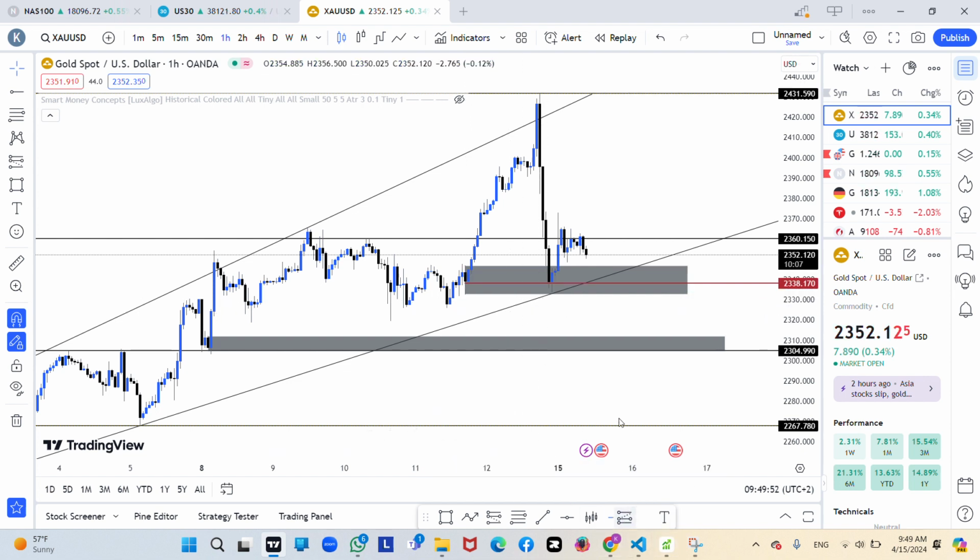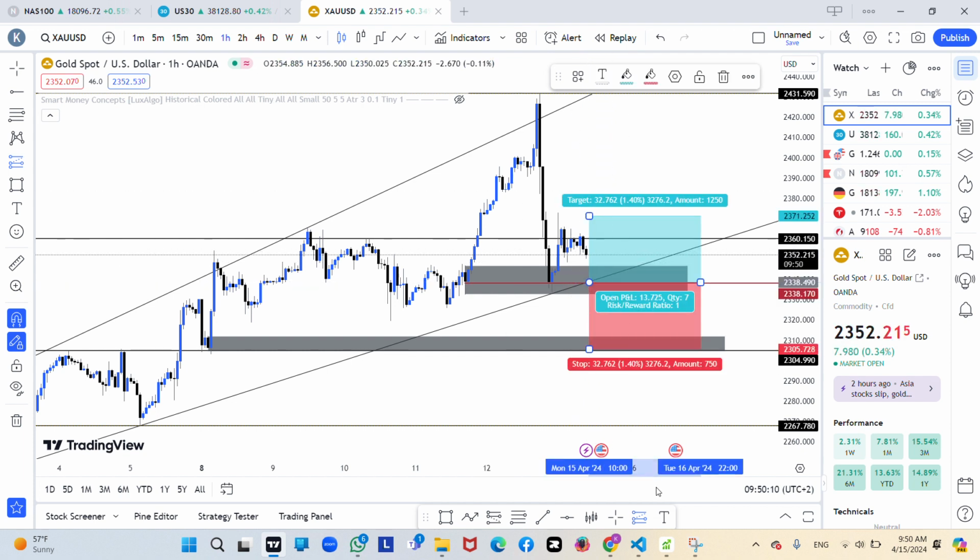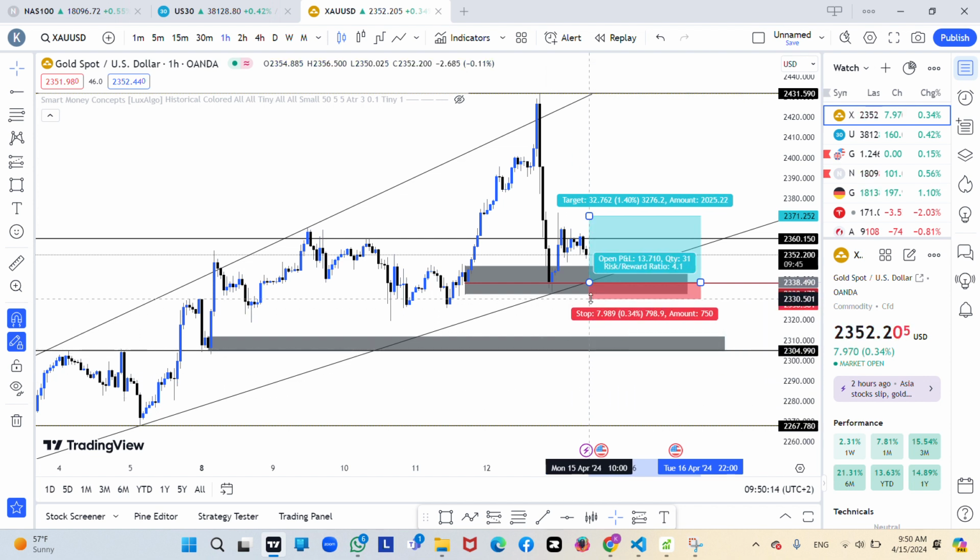Our first entry was supposed to be there, but I missed the entry, guys, because I didn't enter properly, not the way I was planning to enter. I only opened about 2 positions at that point.